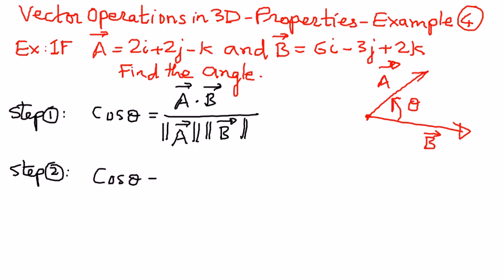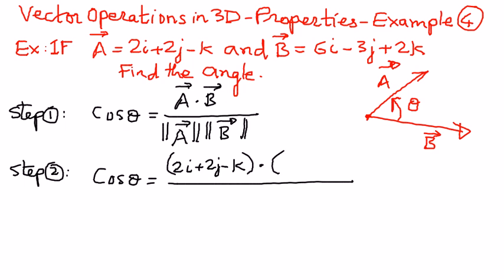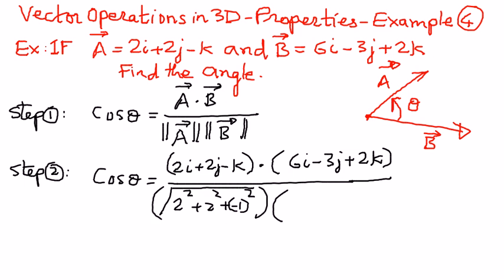Cosine theta is equal to the dot product of vector A and vector B. So vector A is 2i plus 2j minus k dot vector B, 6i minus 3j plus 2k, this whole thing divided by the magnitude of vector A, which is each of the components of vector A raised to the power of 2: 2 squared plus 2 squared plus negative 1 squared, times the components of vector B raised to the power of 2: 1 raised to the power of 2 plus negative 3 raised to the power of 2 plus 2 raised to the power of 2.